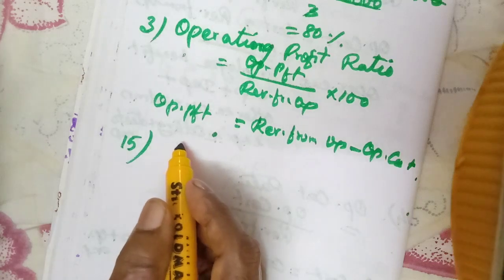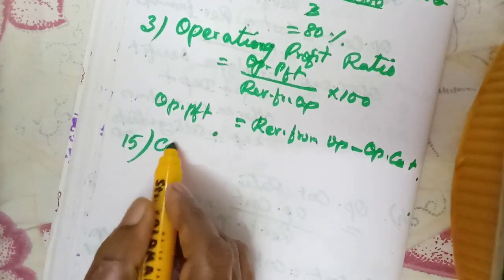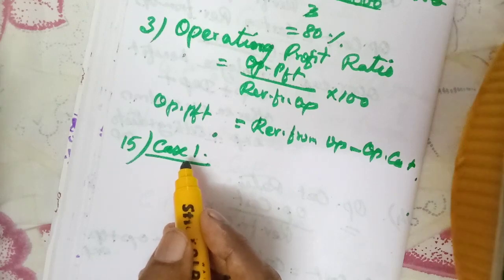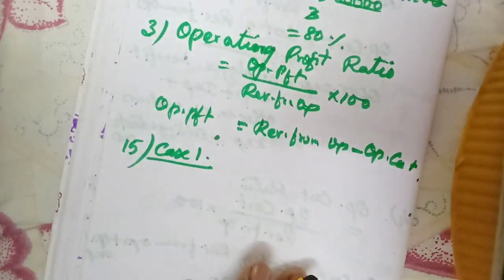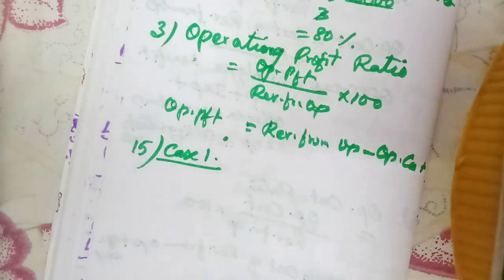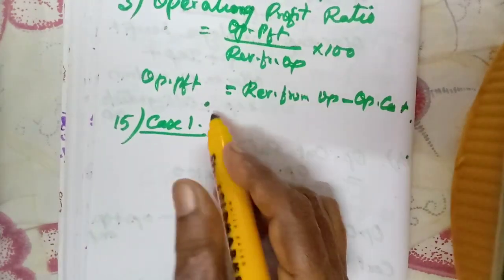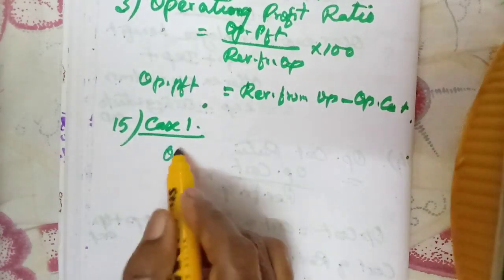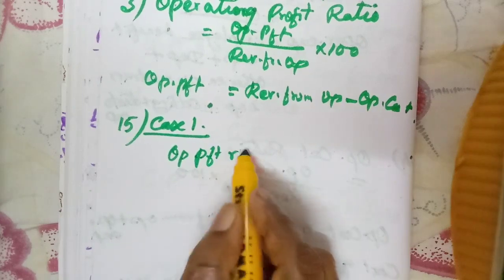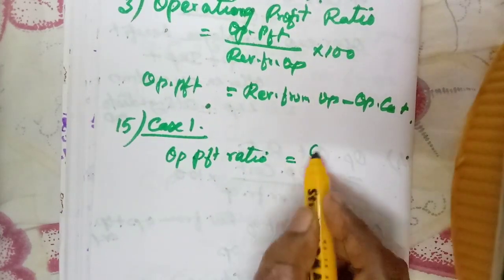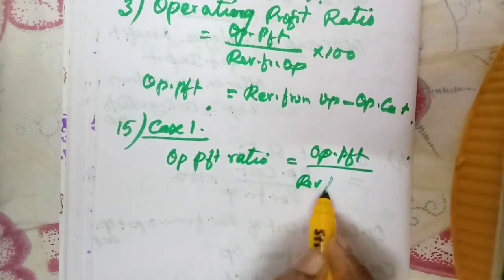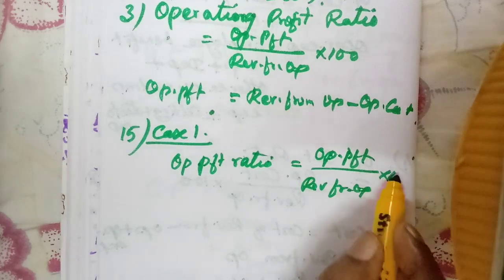Calculate operating profit ratio under the following cases. First one, case 1. Revenue from operation 8 lakh, operating profit 2 lakh. So first we have to write the operating profit ratio: operating profit divided by revenue from operation into 100.